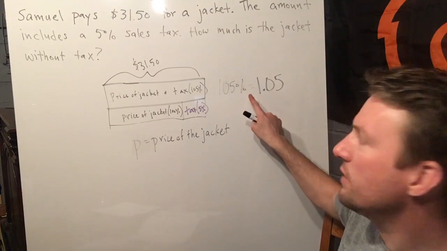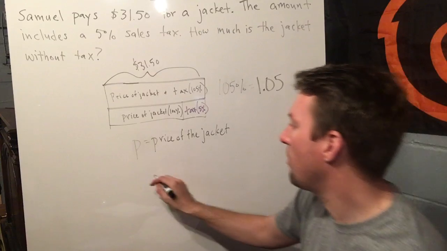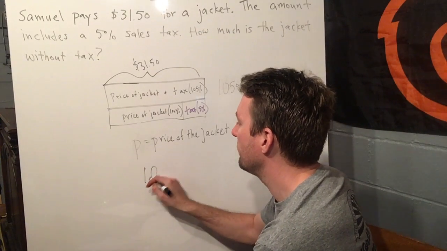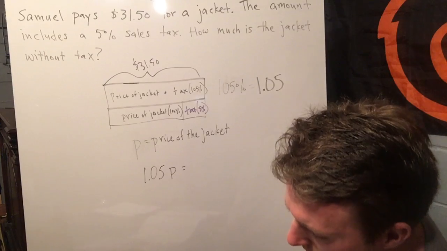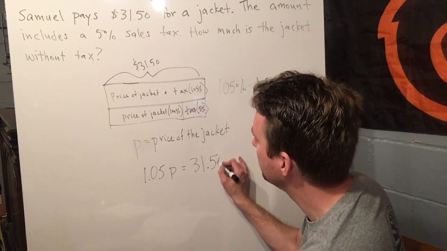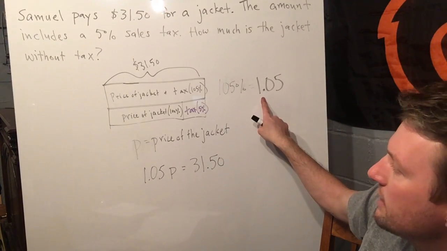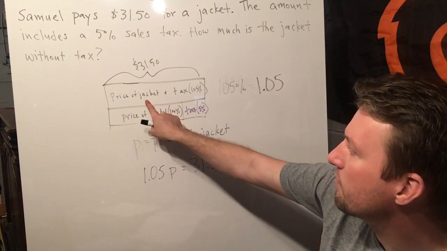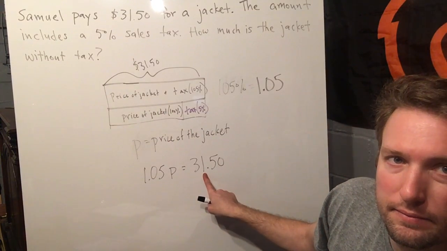Now, 105% I'm going to write as 1.05. So 1.05 times P equals 31.50. That's right. What this is showing is 105% times the price of the jacket would give me 31.50.